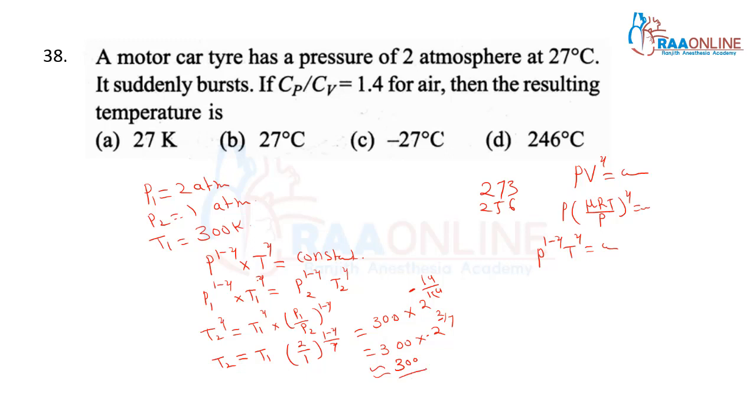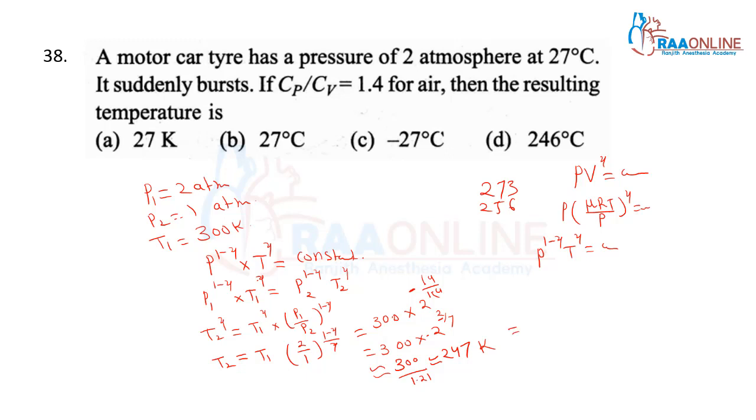It is nearly 1.21. So when we divide 300 Kelvin by 1.21, we will get 247 Kelvin.